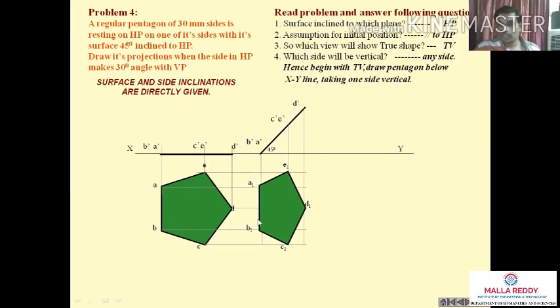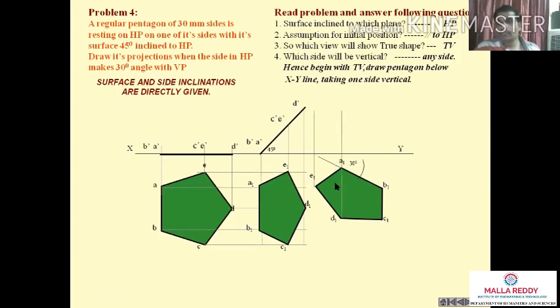We are assuming that the side AB is lying on the horizontal plane. So this AB we have to keep at 30 degrees inclination to the vertical plane. So the same pentagon is projected here, keeping AB 30 degrees inclined to the vertical plane.